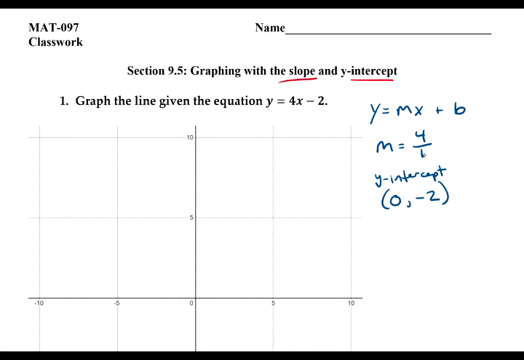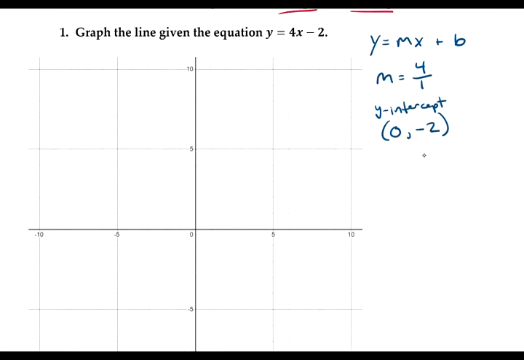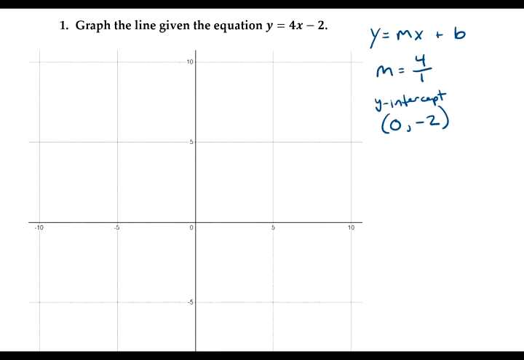The y-intercept is a specific point on the graph. So the point 0, -2, 0 in the x direction, -2 in the y direction, would be right here.